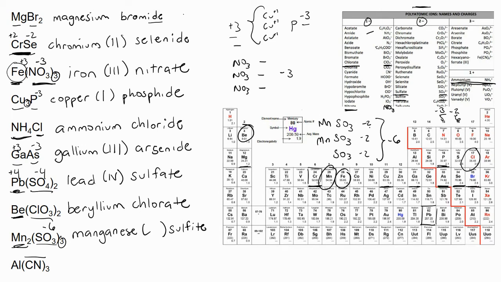So altogether, they need to equal +6 to balance out the charge, which means that each Mn, each manganese ion, is going to be +3. So if this one was +3 and this one was +3, then altogether they would equal +6. So we're going to write 3 because each individual manganese ion is going to be a +3 charge. So manganese 3 sulfite.